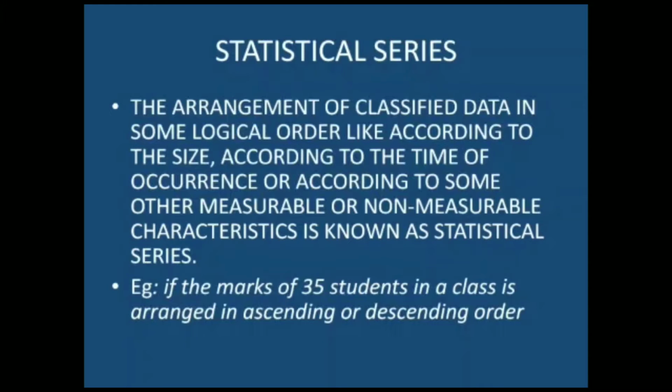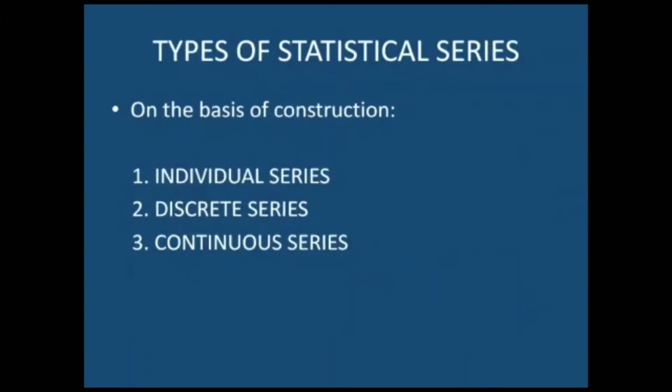So marks of 35 students are given and those marks can be arranged either in ascending order, that is increasing order from less to more, or in descending order, that is from more to less, highest marks to lowest marks. Let us see what are the different types of statistical series, and I am telling you these on the basis of construction. The first series is individual series, the second one is discrete series, and the third one is continuous series.